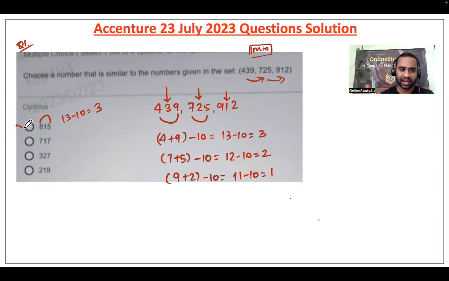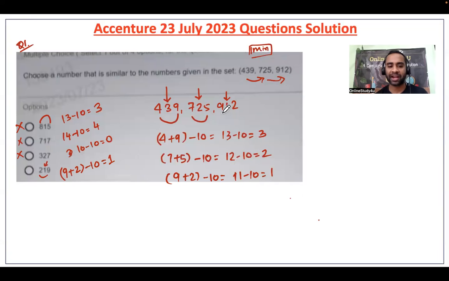So 3 should be your middle number, it's not there, so option 1 is wrong. 7 plus 7 is 14, subtract 10, we get 4. 4 should be your middle number, it's not there. Then 3 plus 7 is 10, and 10 minus 10 is 0. 0 should be your middle number, it's not there. Now 9 plus 2 is 11, and if you subtract 10 from it, you get 1, and that is your middle number. Yes, that means this particular number 219 belongs to this set, right?